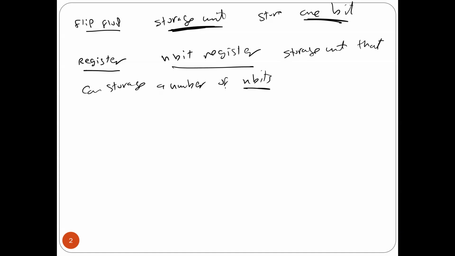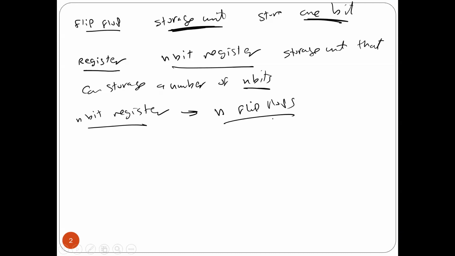And actually, in order to create an n-bit register, I need n flip-flops. Makes sense, right? Because my number has n bits, and every bit I'm going to store in one flip-flop.